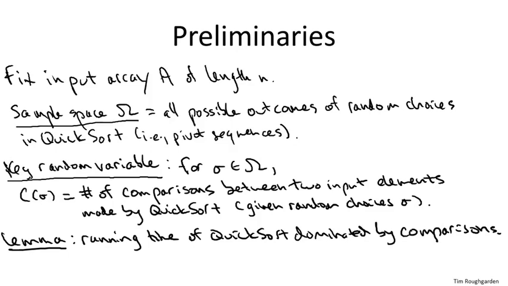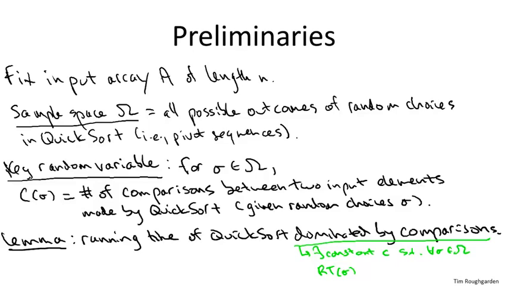If you want to know what I mean by "dominated by comparisons" a little more formally, I mean that there exists a constant C so that the total number of operations of any type that quicksort executes is at most a constant factor larger than the number of comparisons.